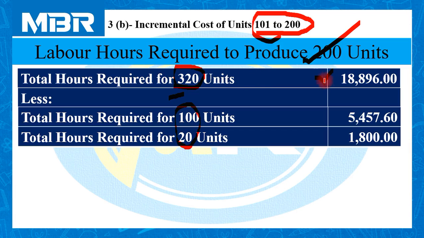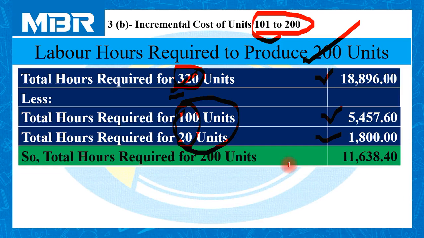So total time taken for 320 units, 18,896. Total hours required for 100 units, 5,457.6, and for 20 units, 1,800. So when you reduce the working hours of 120 units of manufacturing from 320 units of manufacturing, you can easily find the amount of difference.